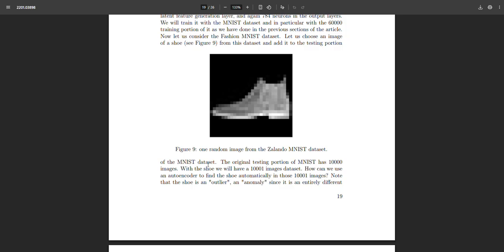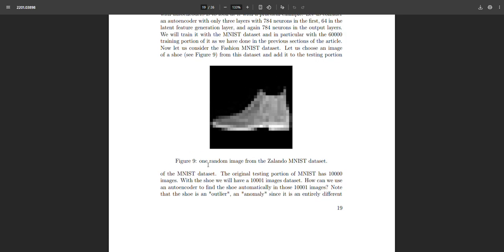We take our previously trained autoencoder, the one trained only on the 60,000 handwritten digits. We then create a test dataset by adding one image of a shoe from the fashion MNIST dataset to the 10,000 MNIST test images. This shoe is an outlier because it's an entirely different image class than the handwritten data the model was trained on.